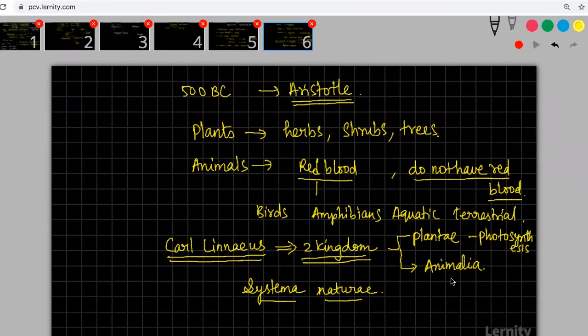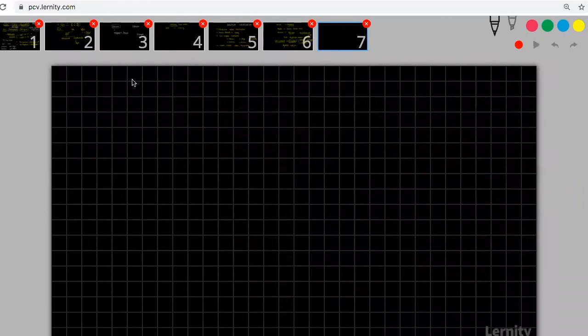Okay. So he was classifying into two kingdoms, Plantae and Animalia. This was the first attempt at classifying into two kingdoms. Then people were trying to find out that there is one more group, which is a group of microorganisms.